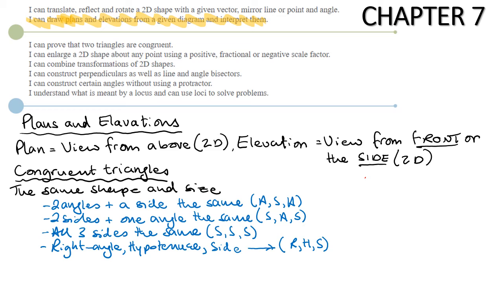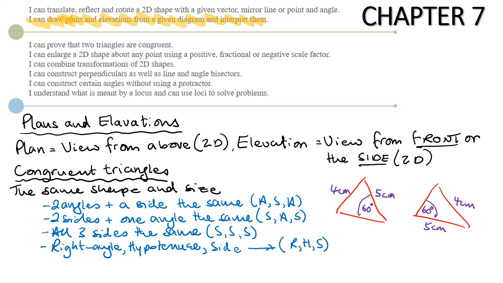We can use this to help us decide if two triangles are congruent. For example, here's a triangle, and they're never really drawn to scale. Let's say this is 5 centimeters, this is 5 centimeters, this is 60 degrees, this is 60 degrees, this side is 4 centimeters, and this side is 4 centimeters. Are these triangles congruent?